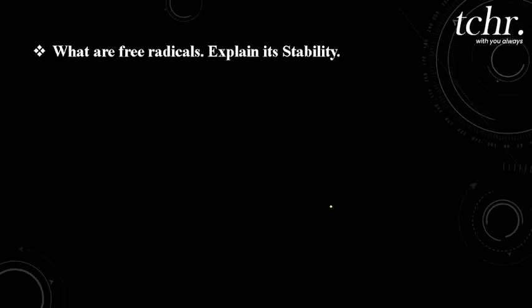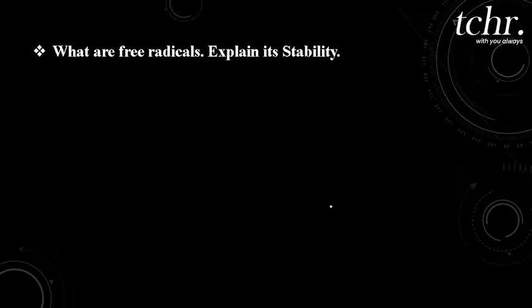An atom or a group of atoms containing an unpaired electron, obtained by homolysis of a covalent bond, is known as a free radical. You understood how free radicals are formed by homolysis. Any fragment having an unpaired electron, we call it a free radical. Put it in a proper sentence.